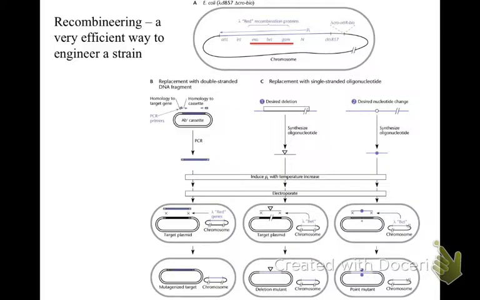Here's another example of recombineering, but in this case, instead of having the lambda red genes on a plasmid, they're actually on the chromosome.